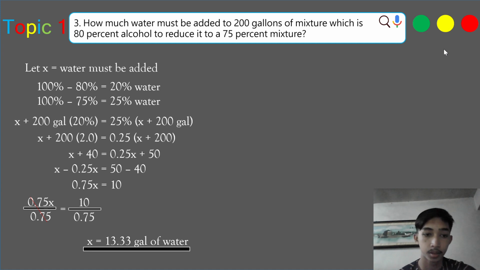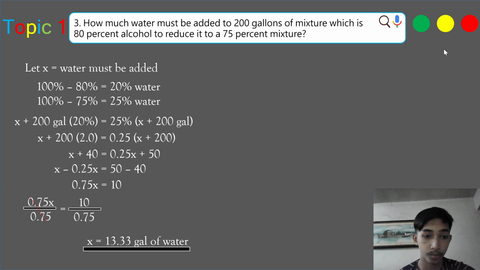So we move the x variables to the left side. So x minus 0.25x is equal to 50 minus 40. So 1x minus 0.25x is equal to 0.75x, and 50 minus 40 is equal to 10.